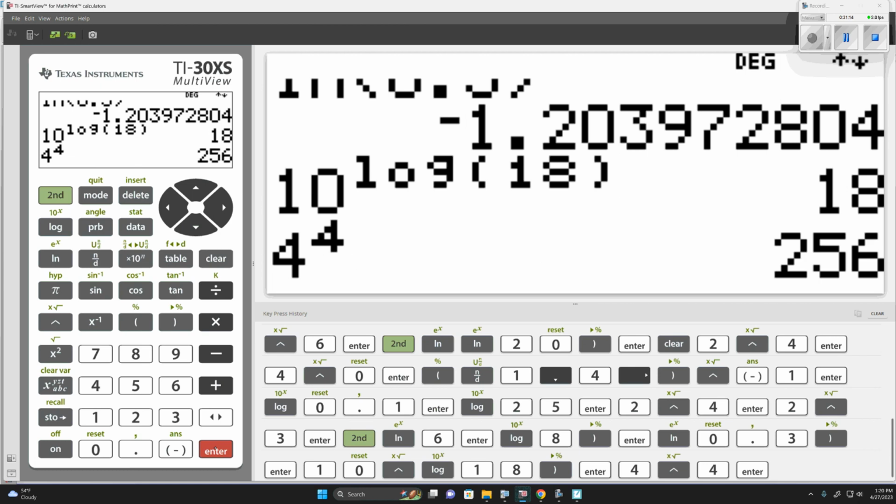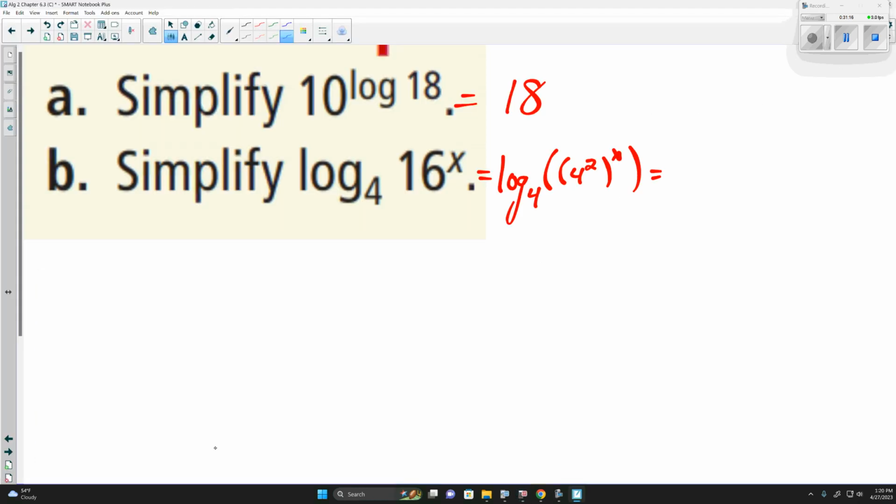So we get this here, which is really telling us that we have log base 4 of 4 to the 2x, which would be 2x. It's not going to always work out to be 2x, but these last two here have worked out to be 2x.